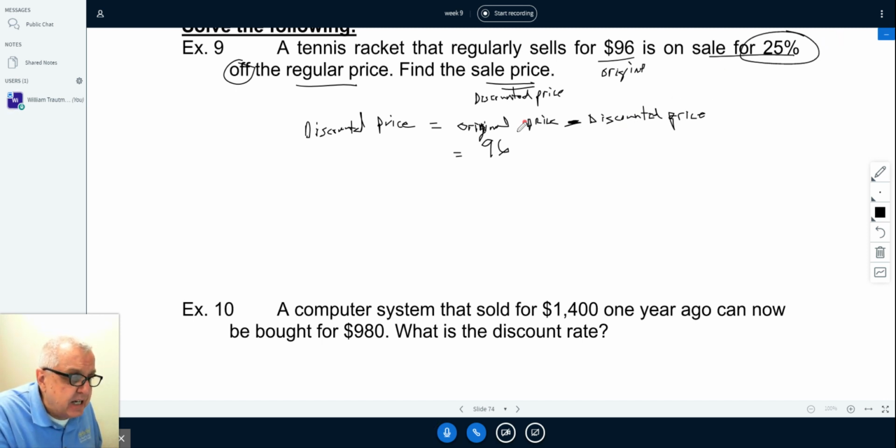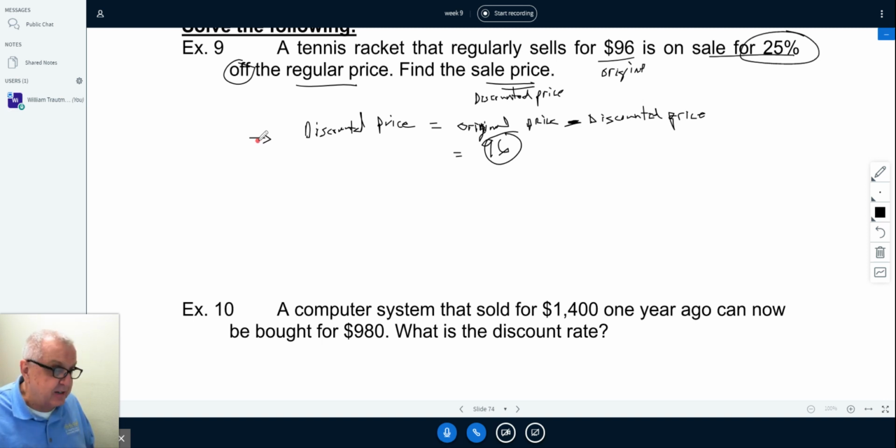So I need the original price, which is $96, and I need the discounted price. The formula says the original price minus the discount amount. I'm sorry, this says discount amount, not price. That's what I was a little confused about.